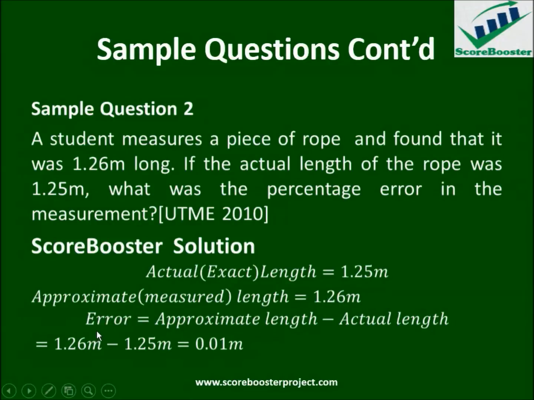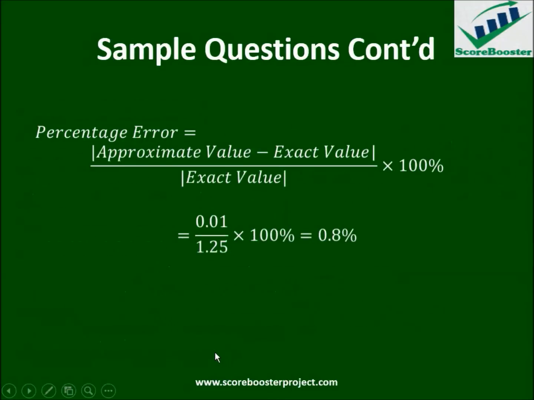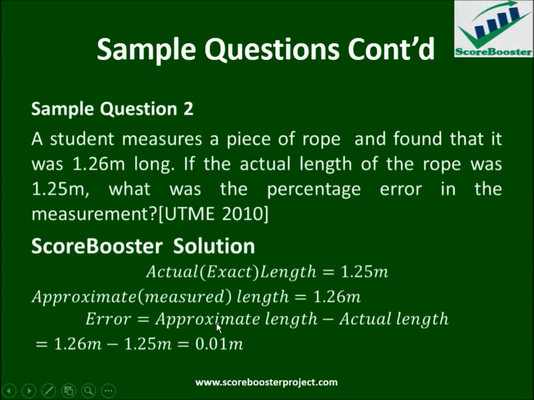Now the error is the difference between the approximate length and the actual length. The actual length is 1.25 meters and the approximate length is 1.26 meters. So the difference is 0.01 meters. This is the error. Since the error has a positive value, applying the absolute value sign is immaterial here since it's already positive.